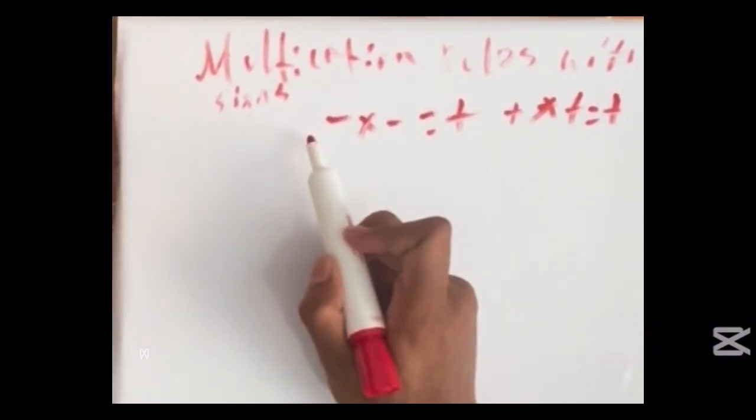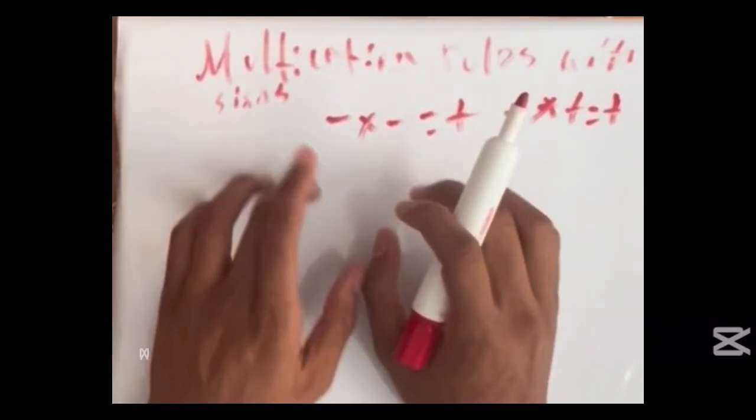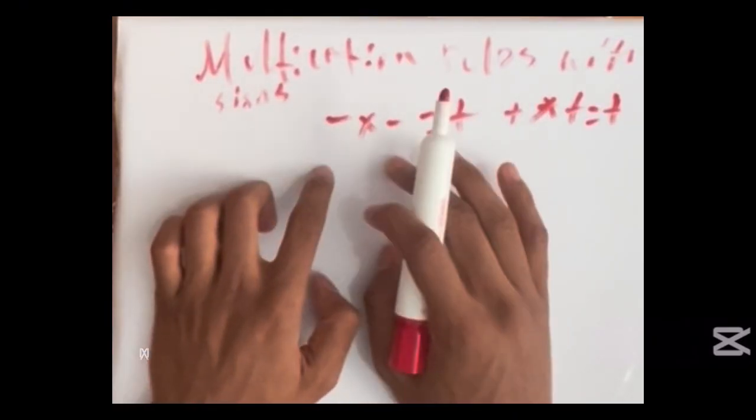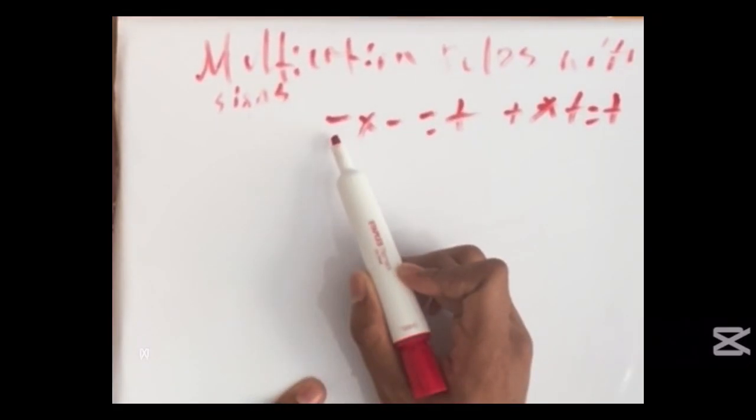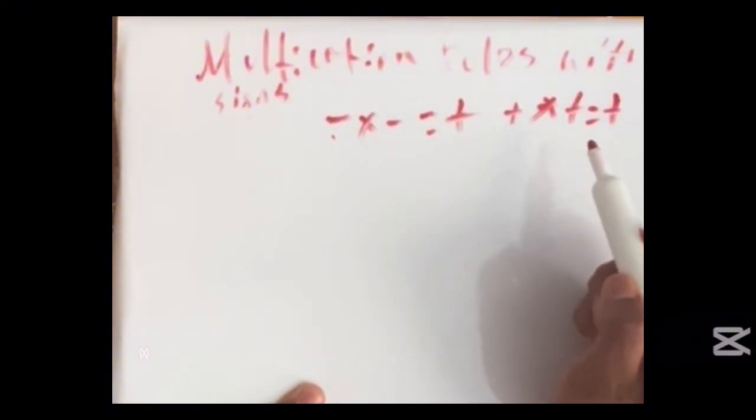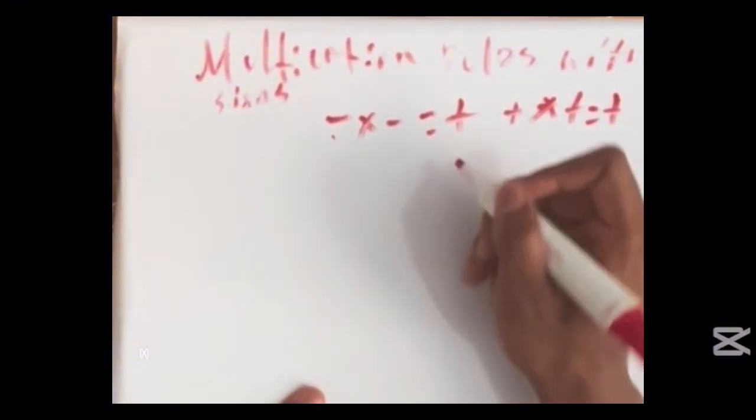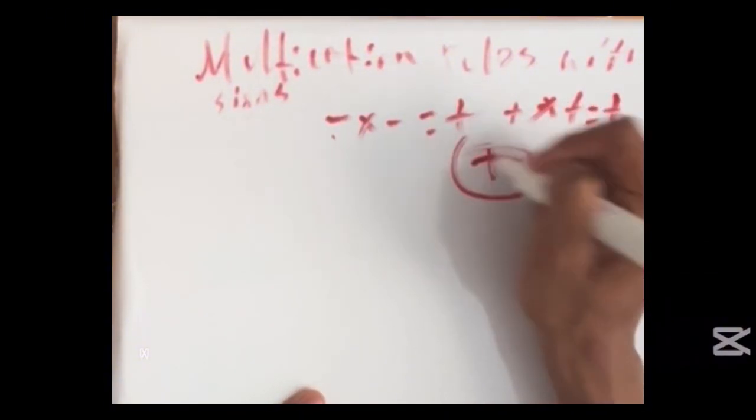So you can already see a pattern here. When you multiply two signs that are the same, so when you multiply negative by negative or positive by positive, they're always going to equal plus. They're always going to be positive.